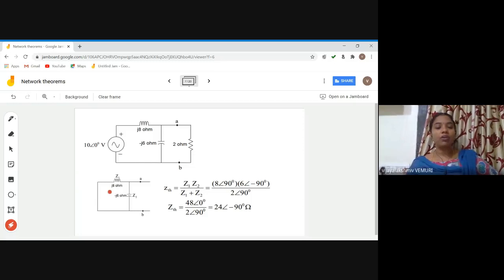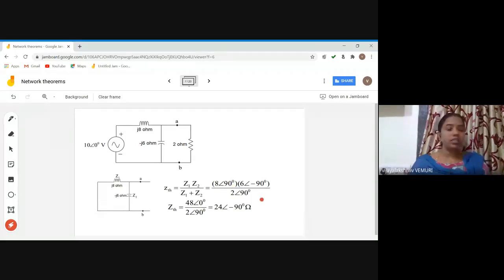So this is 8 at an angle 90, and this is 6 at an angle minus 90, because here you have an inductor and a capacitor represented like this. So 8 at an angle 90 into 6 at an angle minus 90, divided by 8 at an angle 90 plus 6 at an angle minus 90, which gives you 2 at an angle 90.